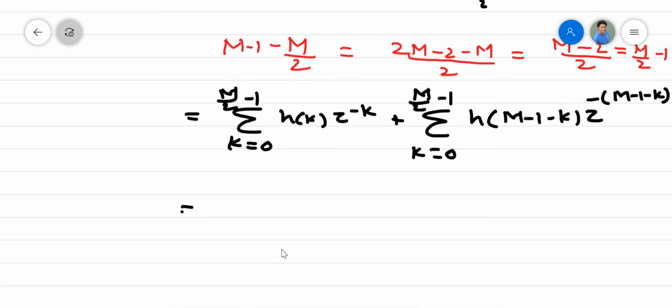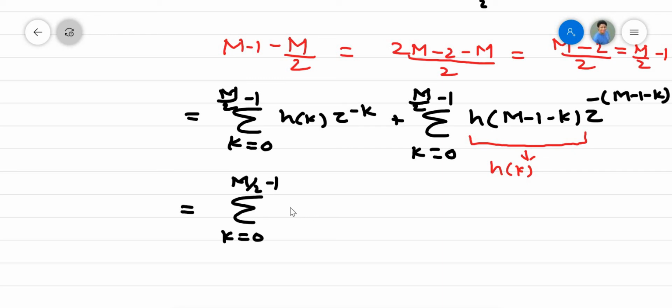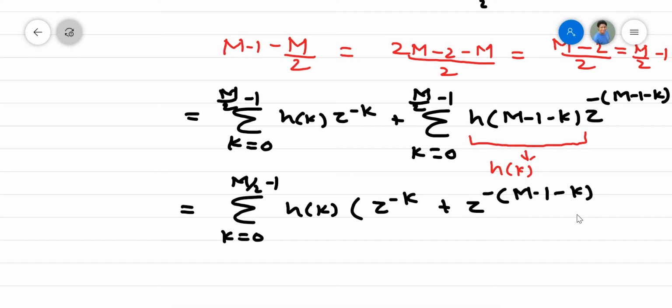Now this particular sequence we already knew, h(M minus 1 minus k), due to the symmetric property of linear phase FIR filters, it will be h(k). Then this is equal to summation k equals 0 to M by 2 minus 1 h(k) [z to the power minus k plus z to the power minus (M minus 1 minus k)].